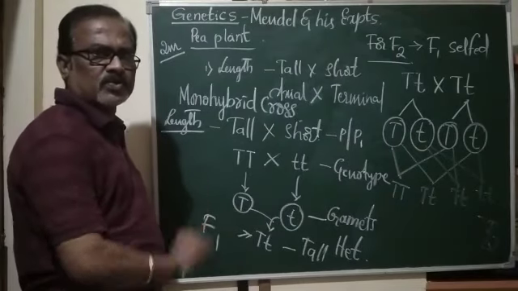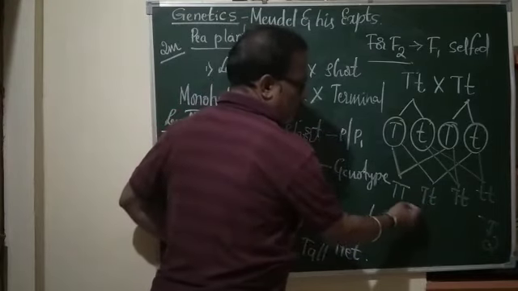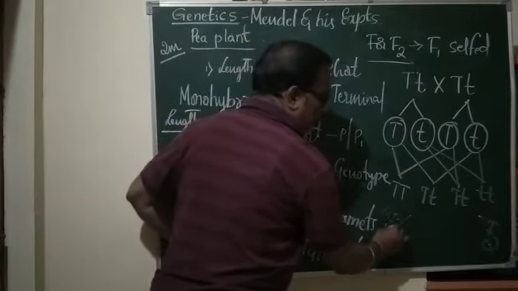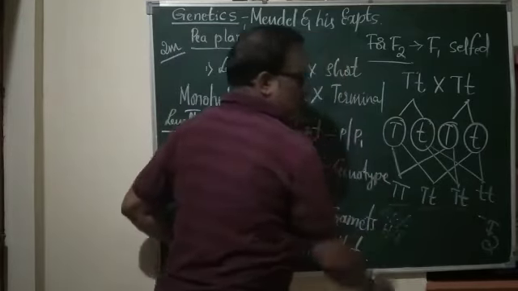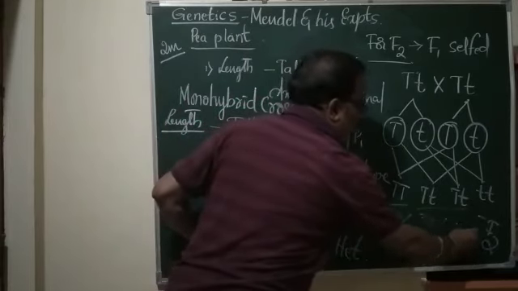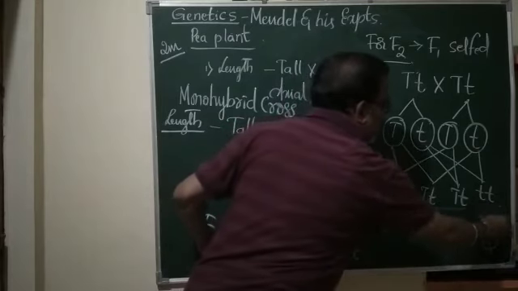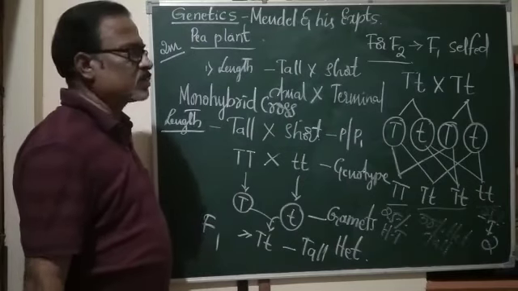So in F2 generation, Mendel got 25% of the plants homozygous tall, 50% of the plants heterozygous tall, and 25% of the plants homozygous short.